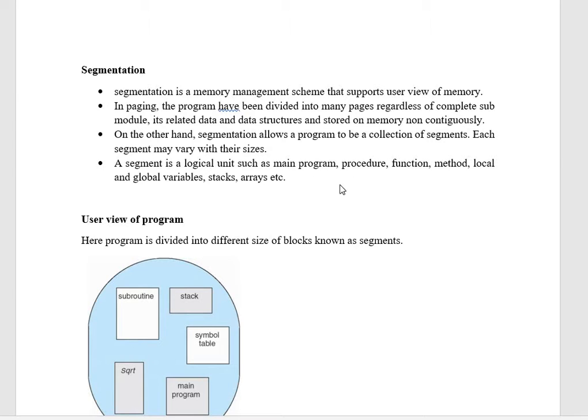It might be a complete program, which you could call one segment, or just a small procedure, or one function, or a separate method. Or it could be a collection of all the local and global variables, stacks and arrays associated with that particular program or application. You could call all these separate segments.